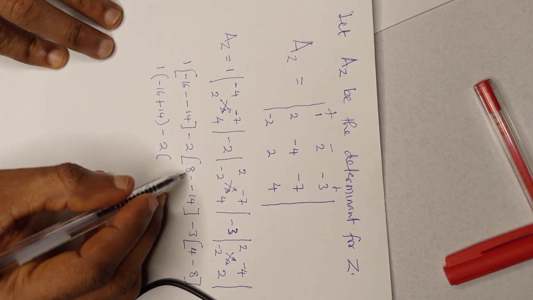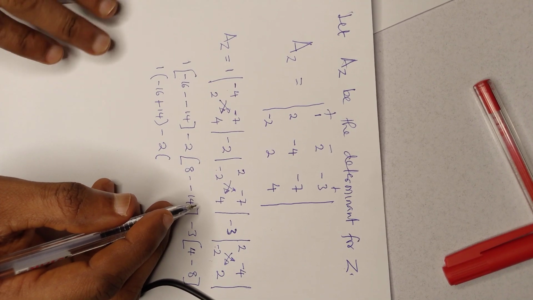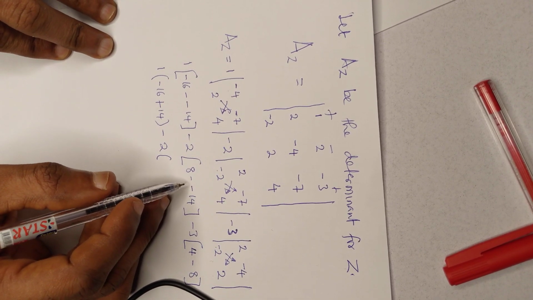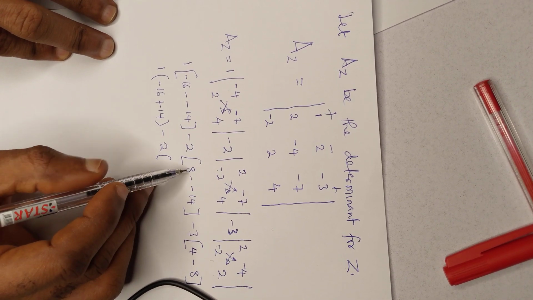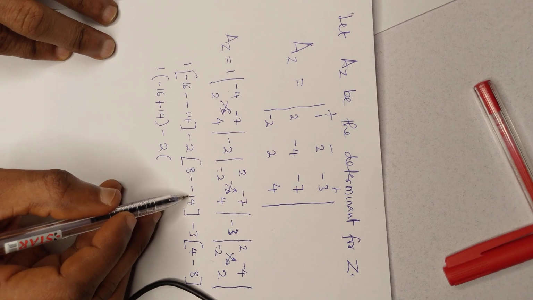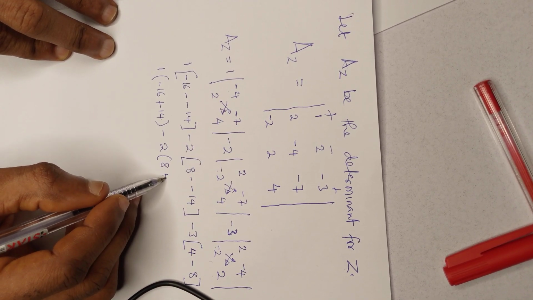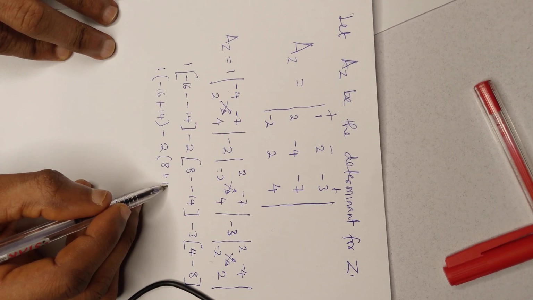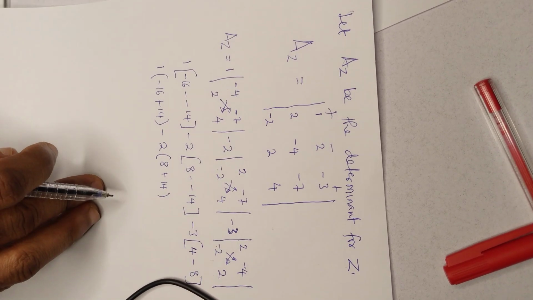Minus 2 into 8 minus 14 will give us 8 plus 14. I hope we are correct.